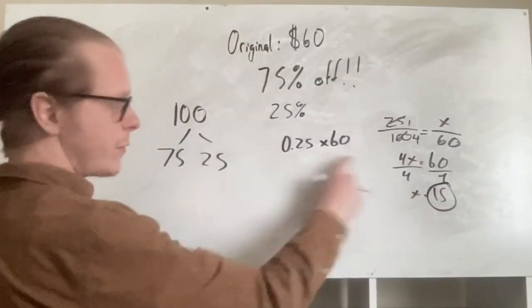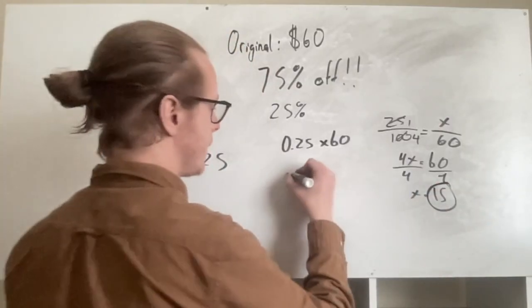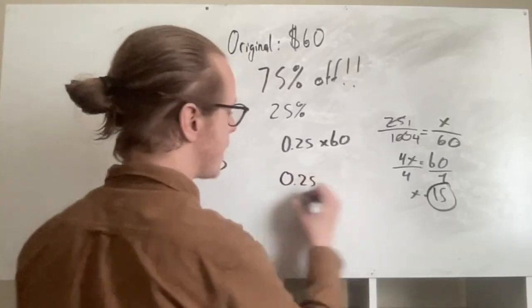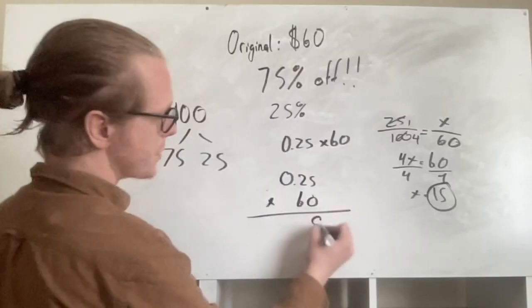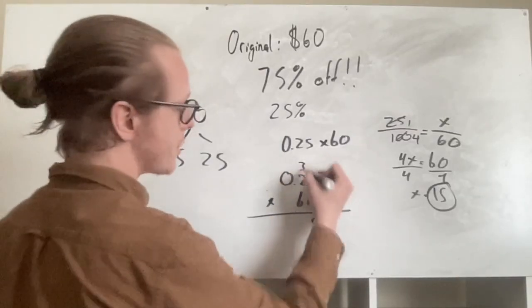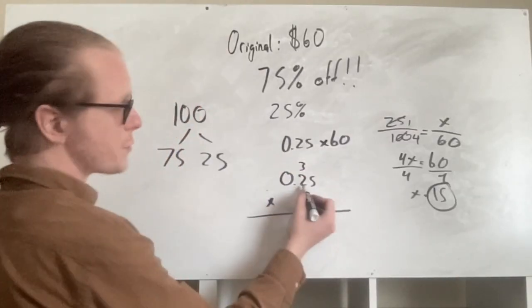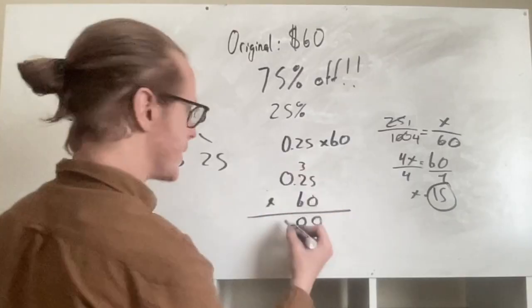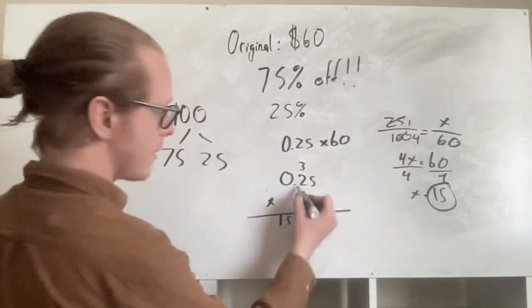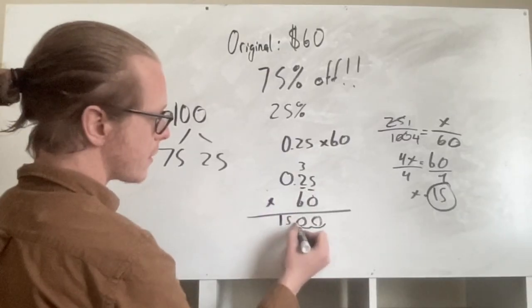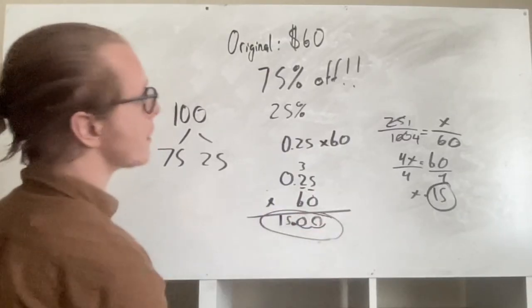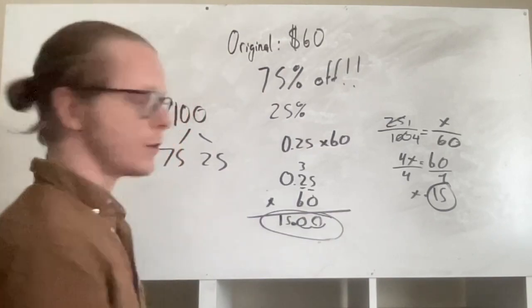We would get the same thing if we did it out here. 0.25 times 60. Let's add a placeholder 0. 6 times 5 is 30. 6 times 2 is 12. Plus 3 is 15. Then we need to move our decimal back 1, 2 spots. Okay, either way, we get $15.